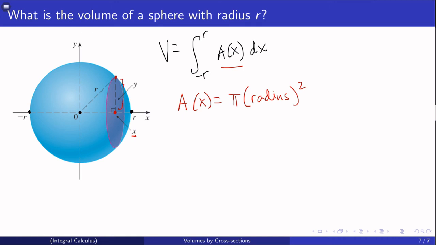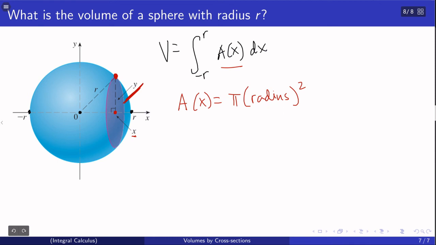Again, we're talking about the radius of the circle here and not the radius of the sphere, so don't confuse them. But how do I find this radius? Well, look at the arrow here. They're already telling you it's the y-coordinate of whatever this point is on top. So if I know what the y-coordinate is, I know what the radius is. Therefore, I know what the area function is.